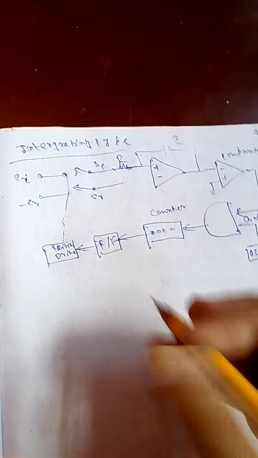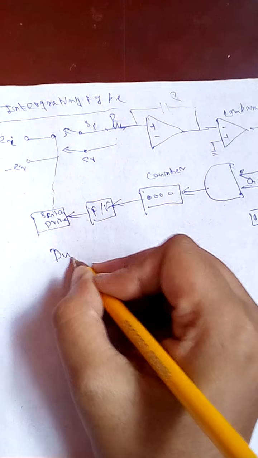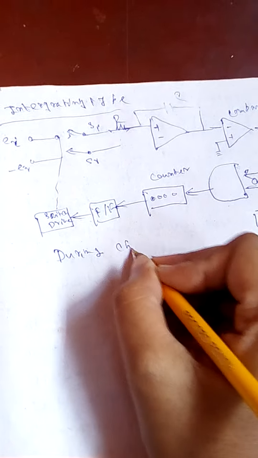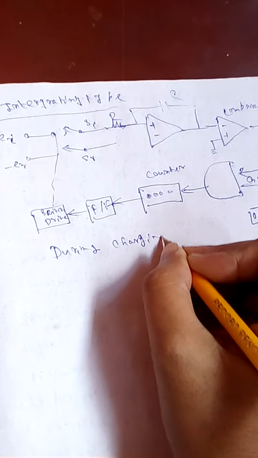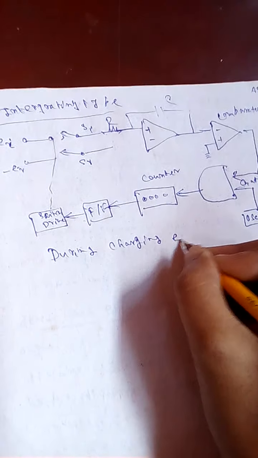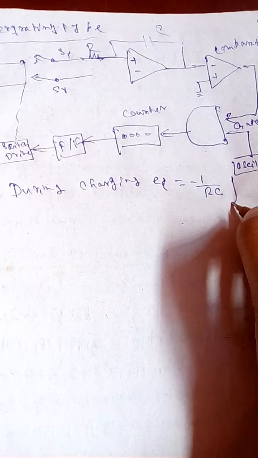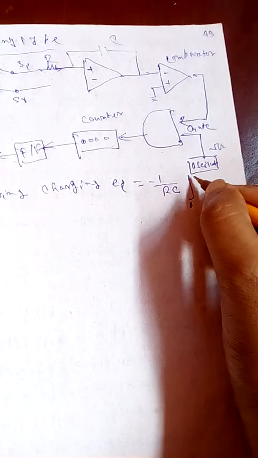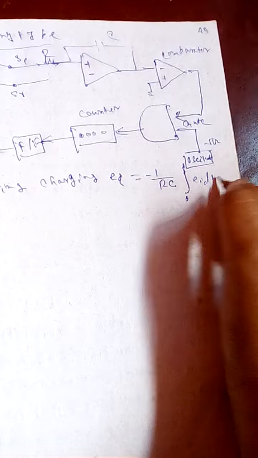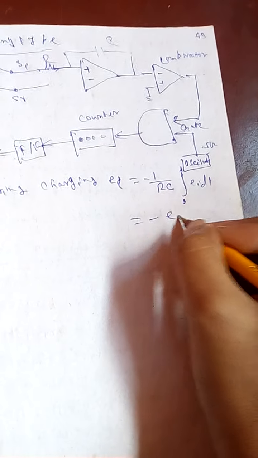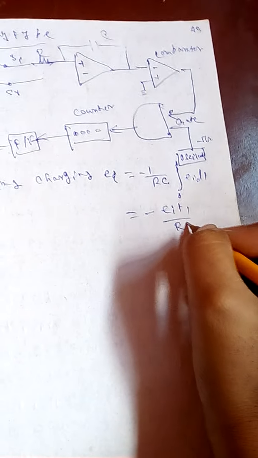So during charging, what do we get? We get the output of the integrator as E0 equals 1 by RC integral from 0 to T1 of EI dt, so we get minus EI T1 by RC.